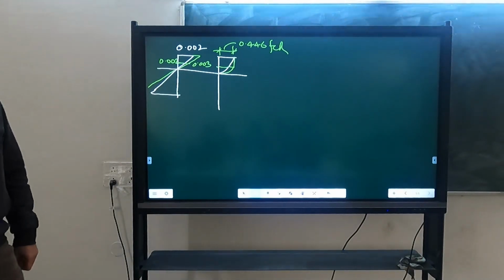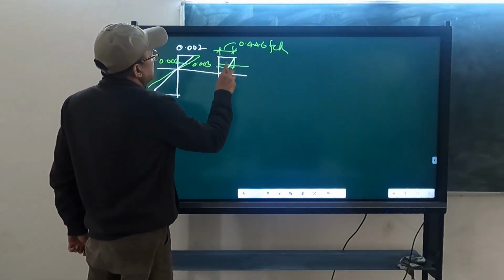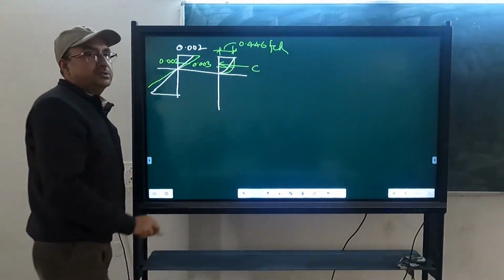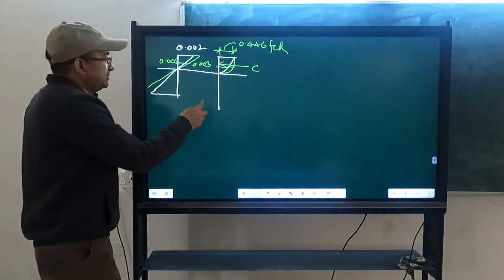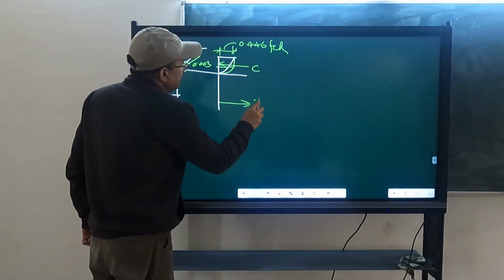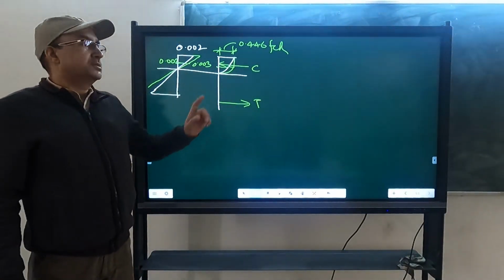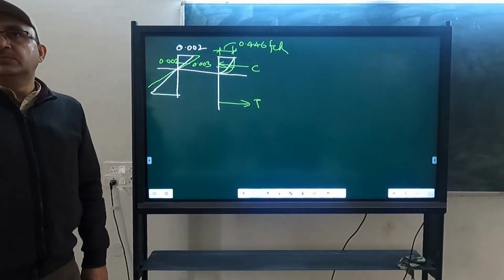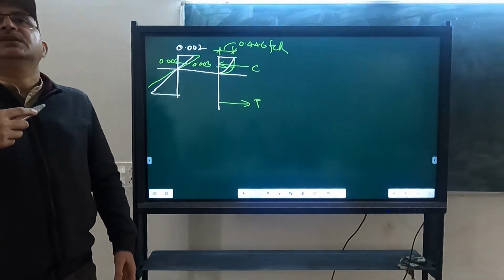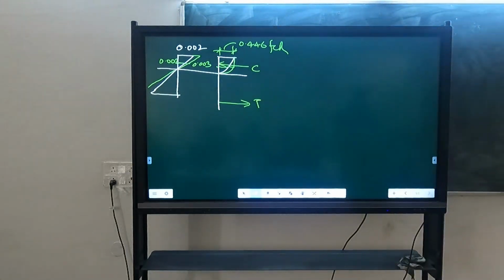Okay. So the C force is going to increase. And if steel also has that much capacity to increase, C equal to T. So the moment can still increase even when the strain in concrete has reached 0.002.